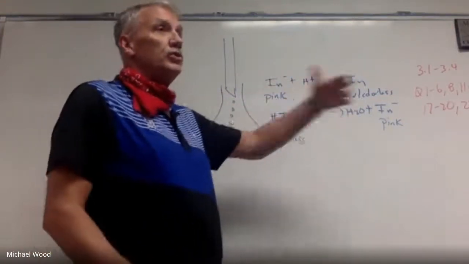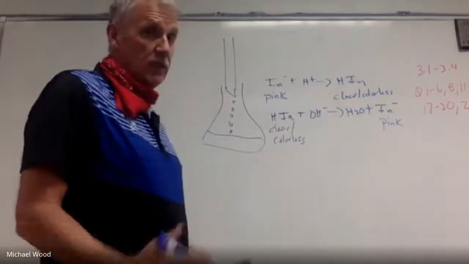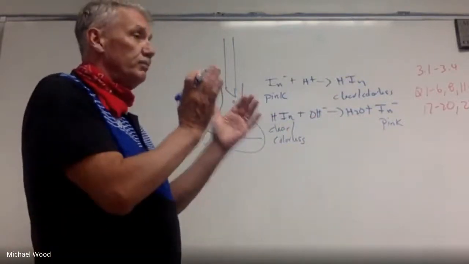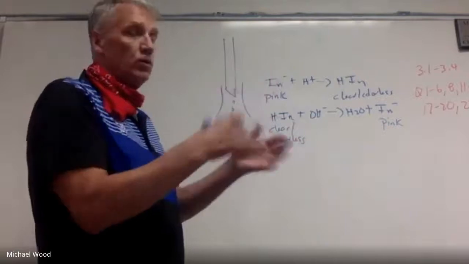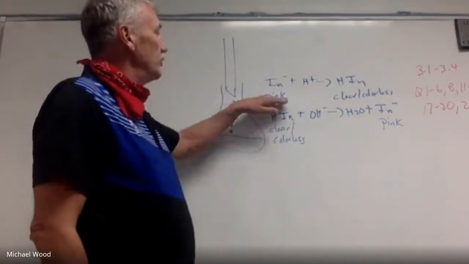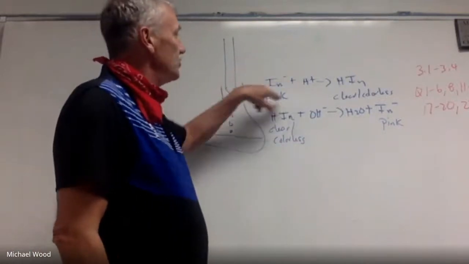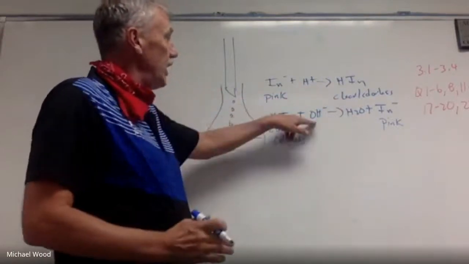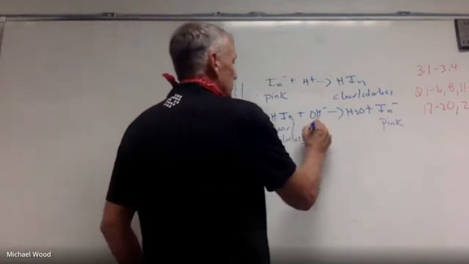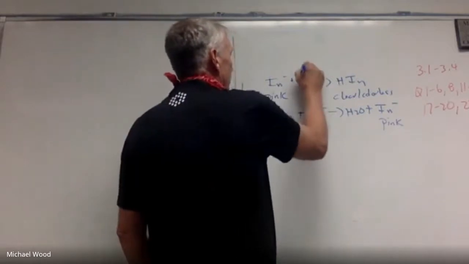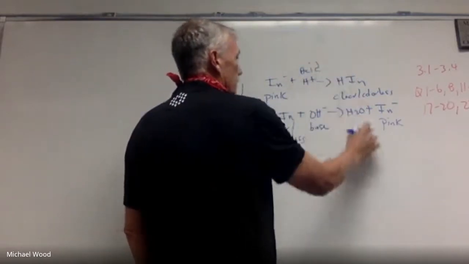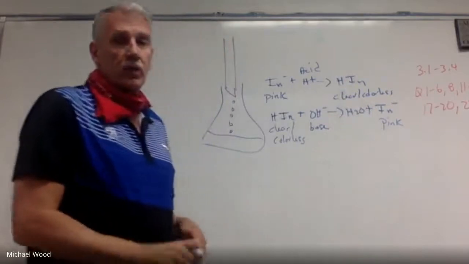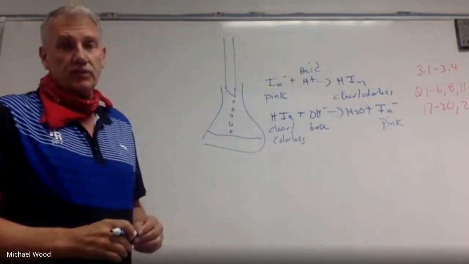And if you took chemistry 2 years ago, and I know some of you did, we did do this, where it went from pink to colorless, and it was kind of cool to watch it go from one to another. So we add the acid, it becomes clear or colorless. But then when we take that solution and we add the base, so here's the base, and here was the acid, then it became pink. This is what happened in the titration that we did in first year chem.